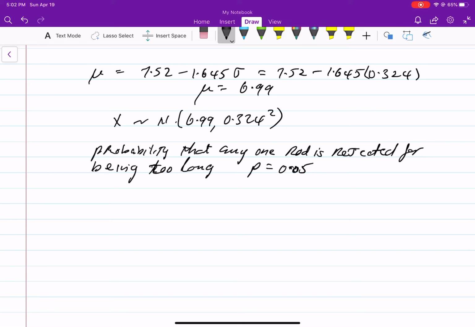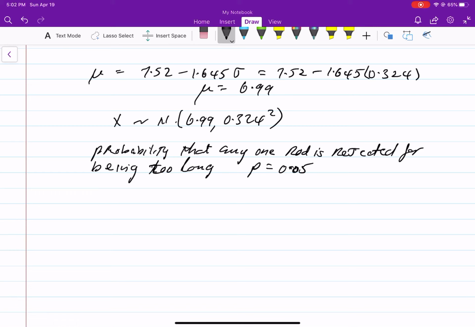Right? There are 10 trials, 10 rods. All the trials are independent. The fact that one rod can be rejected for being too long has nothing to do with the other rods. The probability of a success, the rod being rejected for being too long, is the same for all the rods, 0.05. And what's the fourth condition again? Independent, finite number of trials.